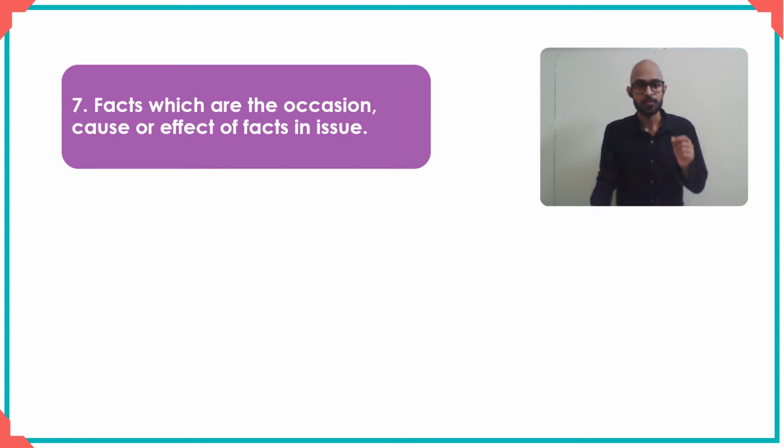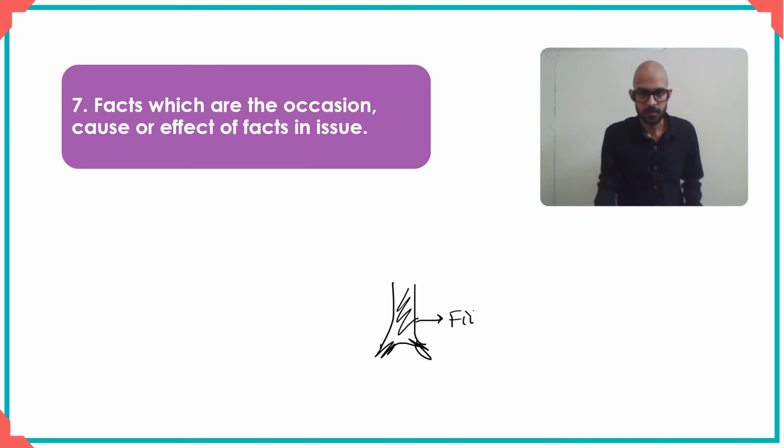Section 7 talks about the facts which are the occasion, cause or effect of a fact in issue. Let's think of it like this. You have the trunk of the tree, which is the fact in issue, right? Now you had another fact here which may be forming the part of the same transaction, right? When it forms a part of the same transaction, then that is governed by section 6. Now you've got one more relationship.